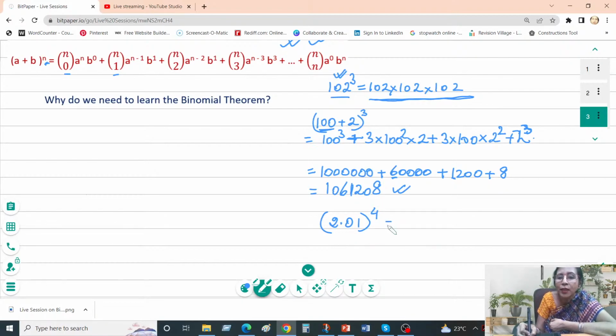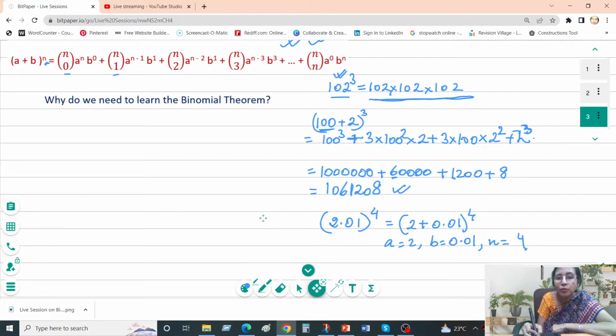So first thing that you will be writing is, you write 2.01 as 2 plus 0.01. So A will be equal to 2, B will be equal to 0.01, and N will be equal to 4. And you get the expansion.